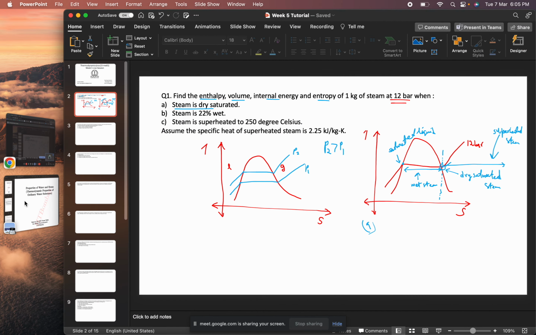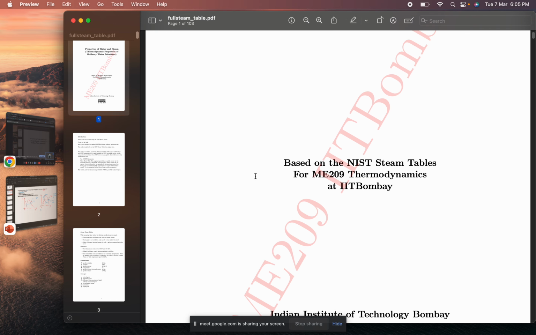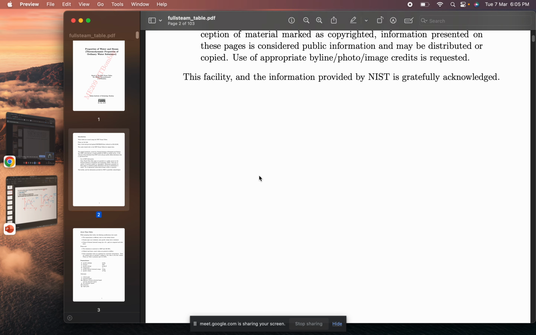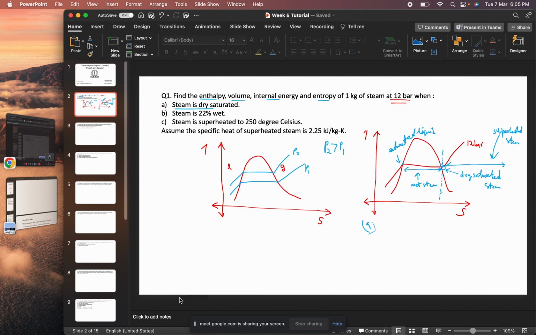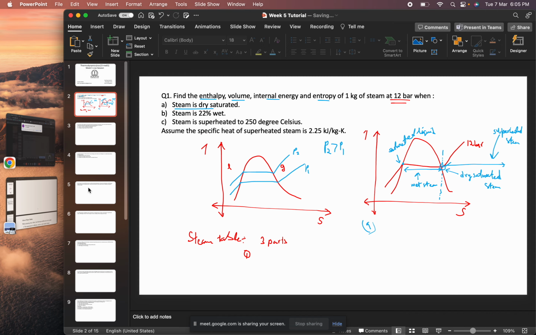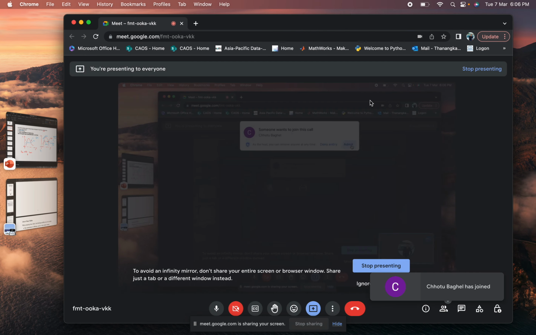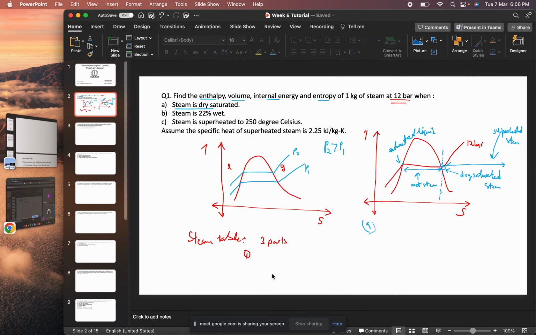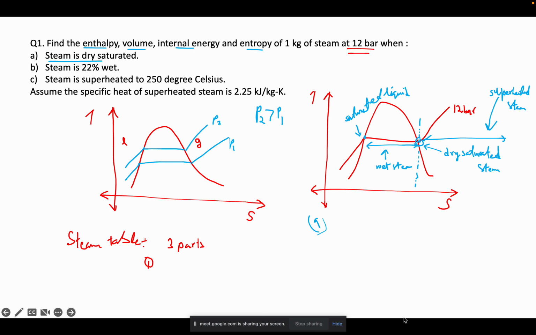Fine. Okay, so here in the steam table basically there are 3 parts.